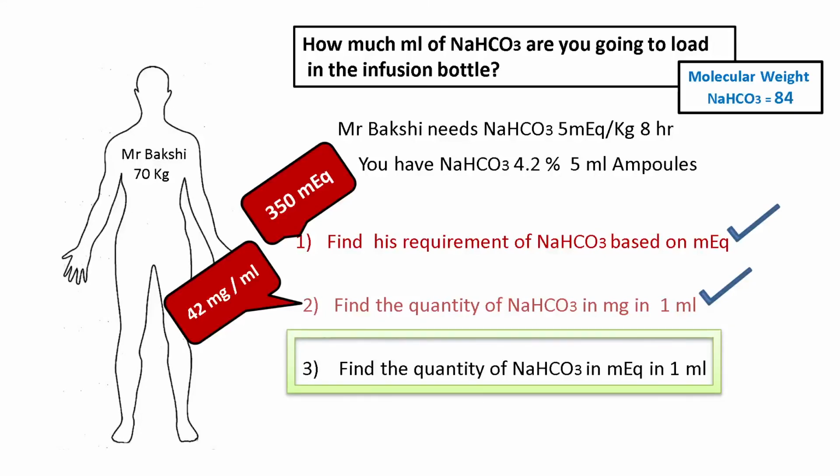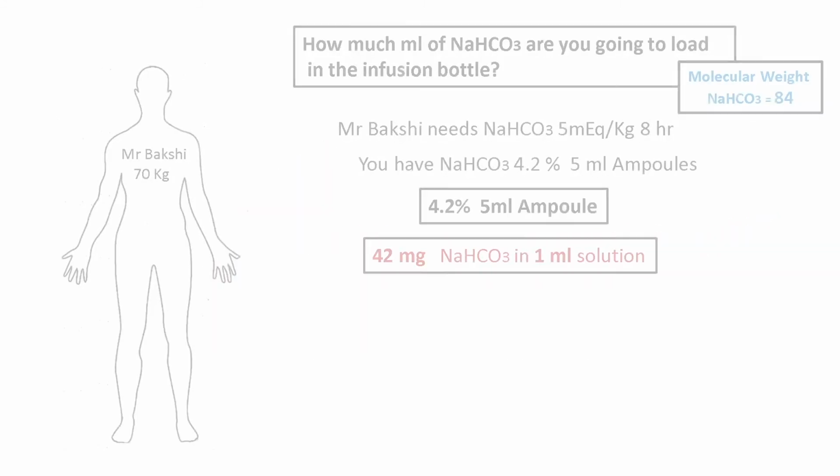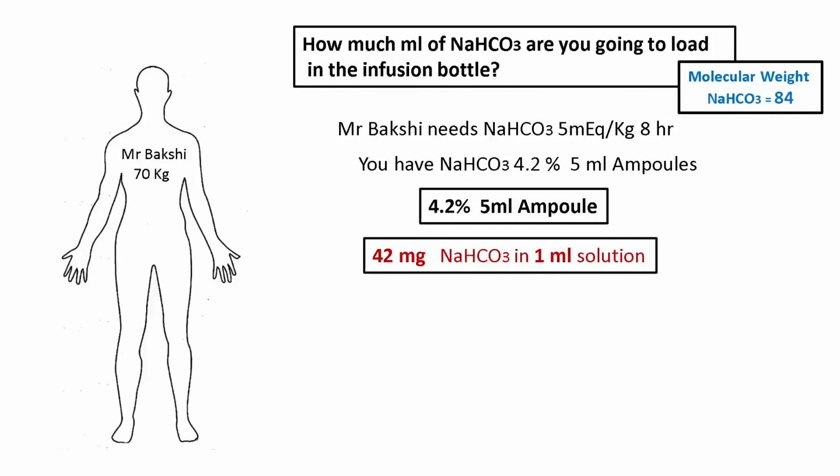Now let's find the third point. Find the quantity of sodium bicarbonate in milliequivalent in 1 ml. We got the value in milligrams per ml. Now we will convert the value of milligrams to milliequivalents in 1 ml. 42 mg sodium bicarbonate in 1 ml solution, which means we have to use the milliequivalent equation. Milliequivalent is equal to weight by molecular weight multiplied by the valence.